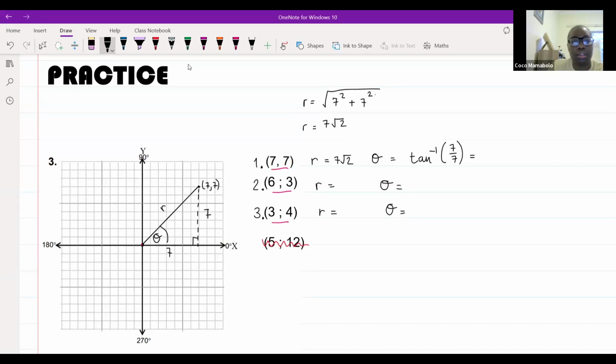Ma'am, over there, when you put 7 root 2, is it okay if we write the decimal answer? You mean like Desmarie did, like 9,89? Yes. I'm going to advise against it. You're not wrong, and some teachers might be gracious enough to not mark you wrong. Unfortunately, in my class, I'm going to mark you wrong. The most accurate answer that we can possibly get is the one that the calculator gives us.